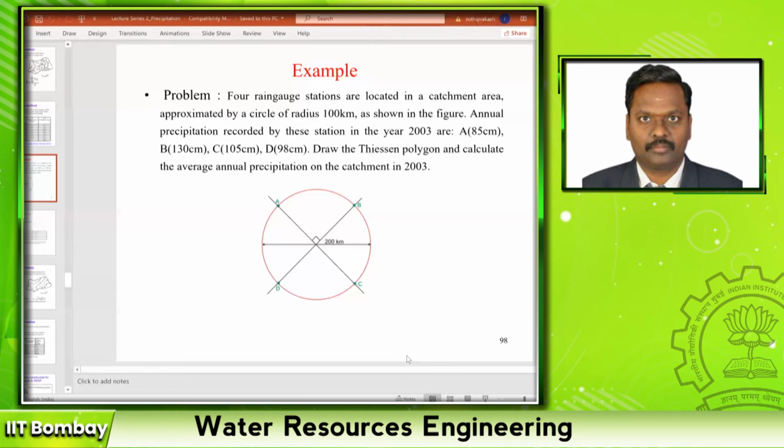So to consider the variation in the rainfall, the second method is called Thiessen polygon. The Thiessen polygon method is nothing but giving weightage to a rain gauge station based on the areal extent up to which the rainfall is uniformly measured by this station. Then how to estimate that Thiessen polygon?